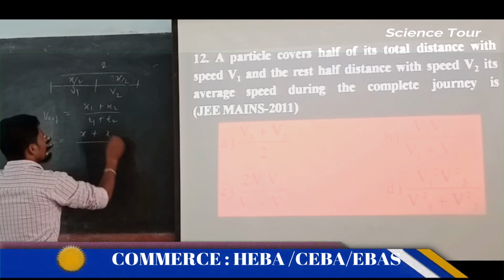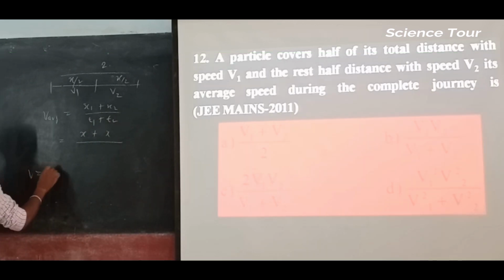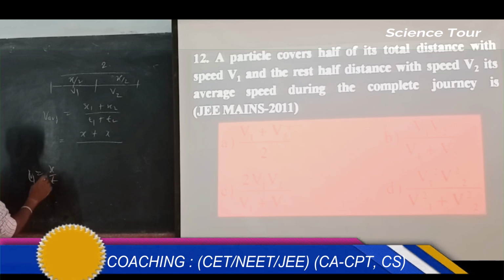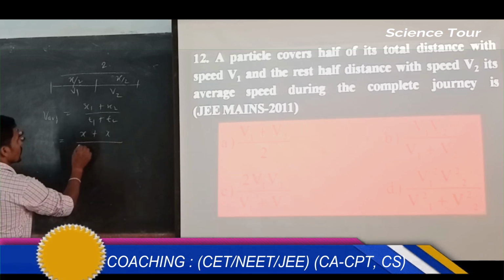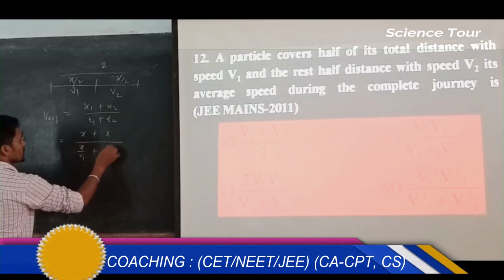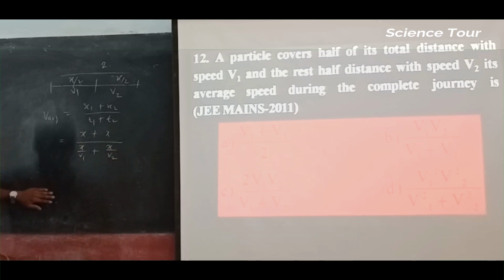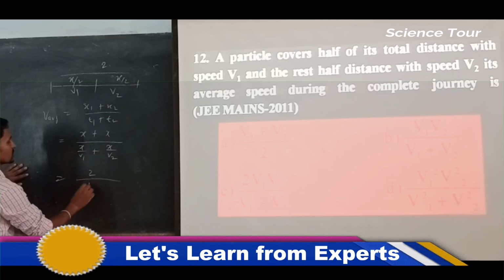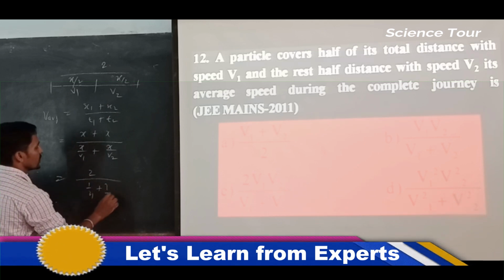Divided by t1. V is equal to displacement by time, so t1 is equal to displacement by velocity. So displacement by velocity plus displacement by velocity. X is common, 2 cancels, 1 by V1 plus 1 by V2.